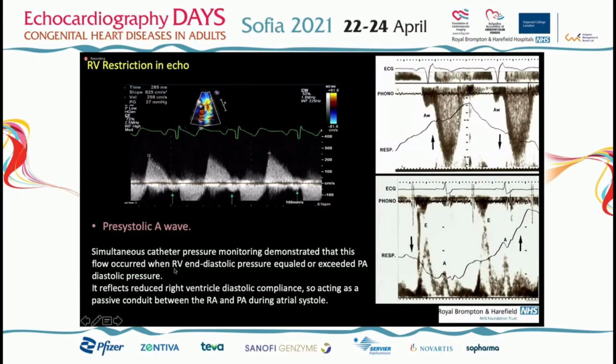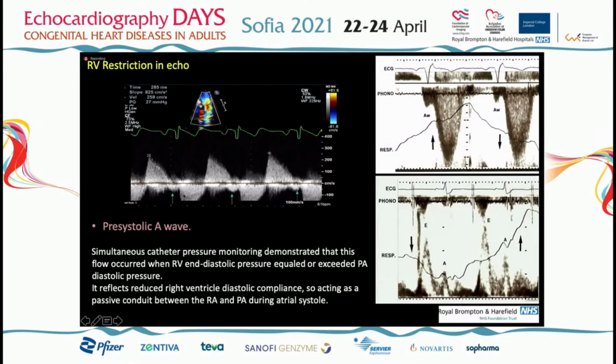That means that in diastole, when the atrium contracts at the end of diastole, the pressure in the right ventricle might already be equal to the pressure in the pulmonary artery, and therefore this extra kick of the atrium may be sufficient to provide some forward flow across the pulmonary artery, even if there is no time for the pulmonary valve to open, just because the right ventricle is stiff and cannot accommodate that extra flow.